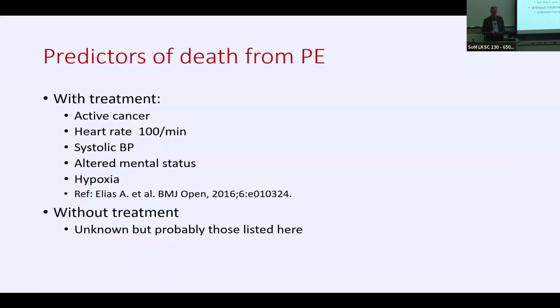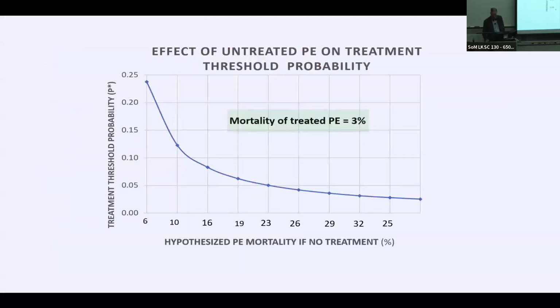Here are some of the predictors of death from PE, and those are probably predictors that would also apply to death if you weren't treated, and you can see what they are there. So this slide's important. It's a graph where the horizontal axis is the hypothesized death rate without treatment, and the vertical axis is the treatment threshold probability.